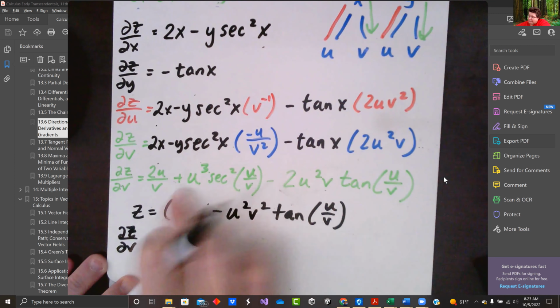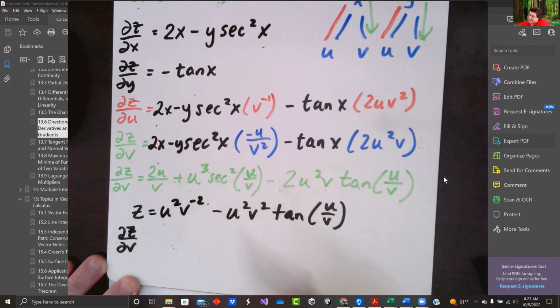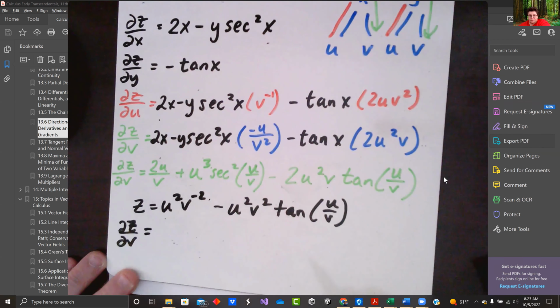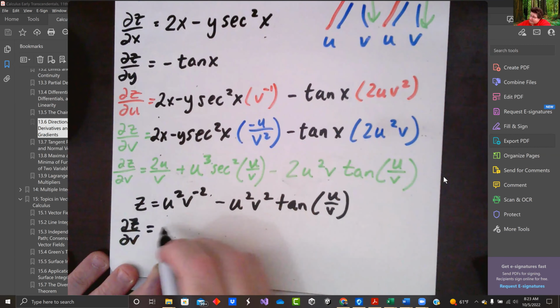So I prefer writing this like this, U squared V to the -2, because I hate the quotient rule. It's tedious. The derivative of that with respect to V is what we got, negative.